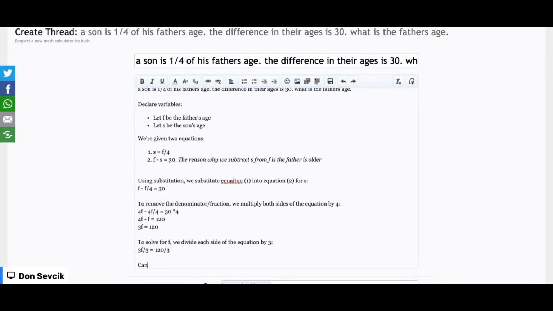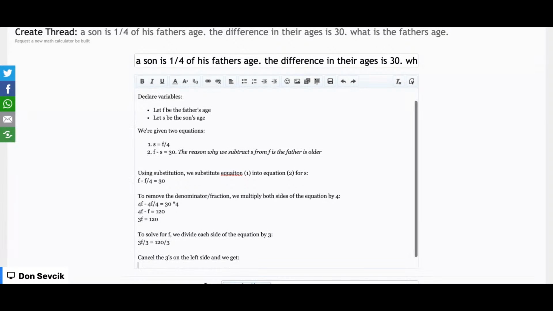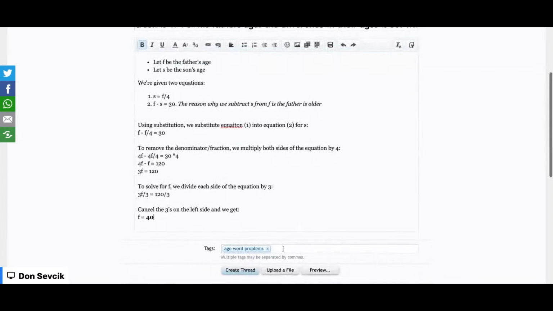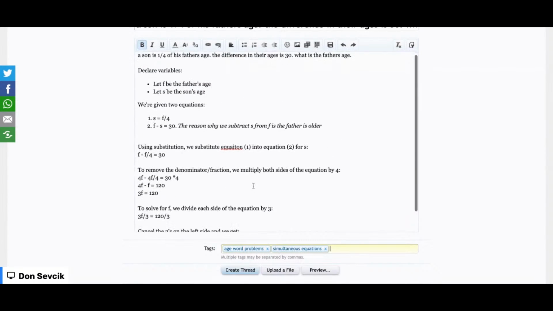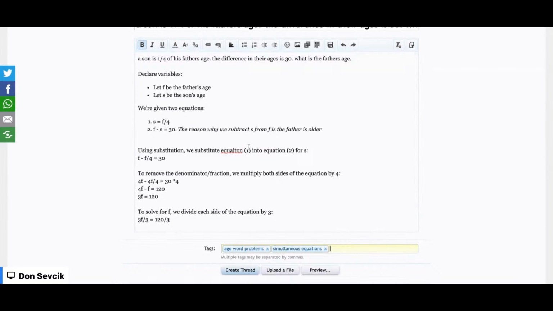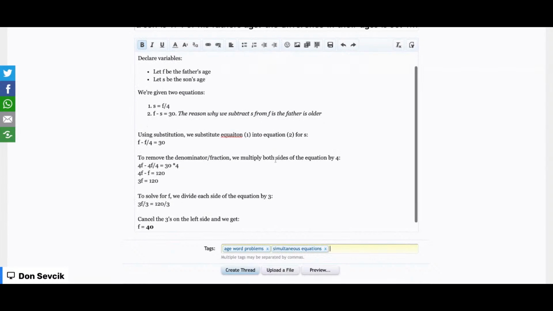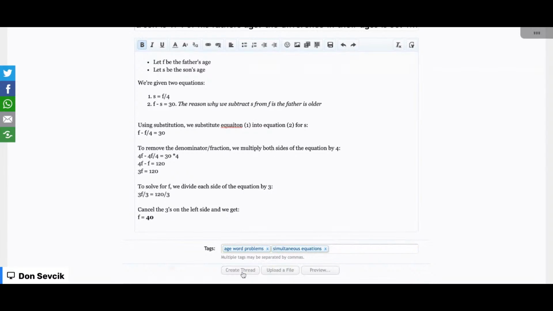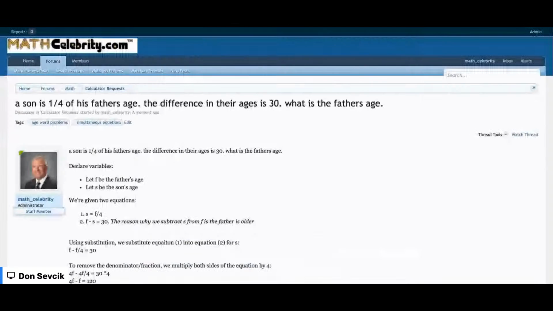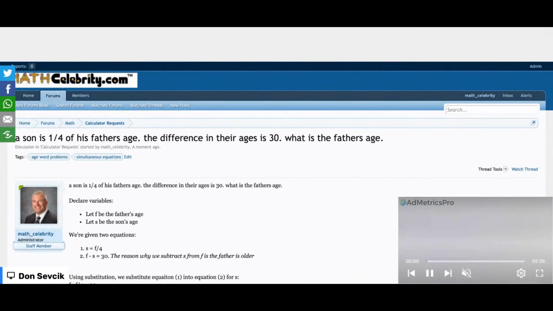Cancel the 3's on the left side, and we get F equal to 40. So this was also a simultaneous equations problem. This will be out on our forum too, so you could find this pretty easily. All right. Very good. What else we got?